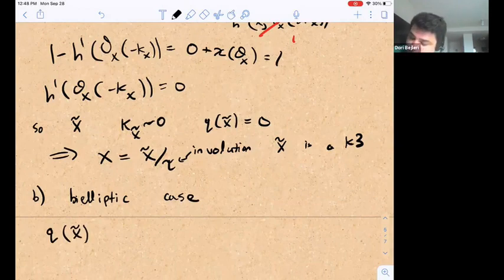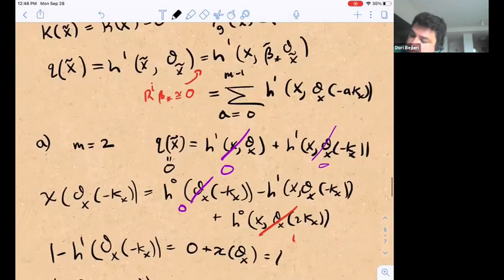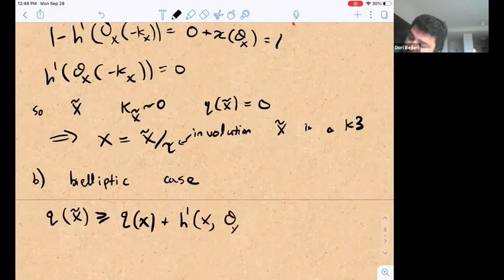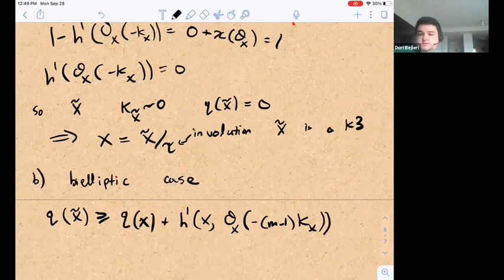And we know that it's greater than or equal to the irregularity of X, because that's one of the terms in this sum, plus all these other h^1s, but I'm just going to go to the first h^1 that I know I can compute, and that's this last one, h^1(X, O_X(-(m-1)K_X)), where m is this index, this number that makes K trivial. It might be even bigger, but I know I can compute this one.